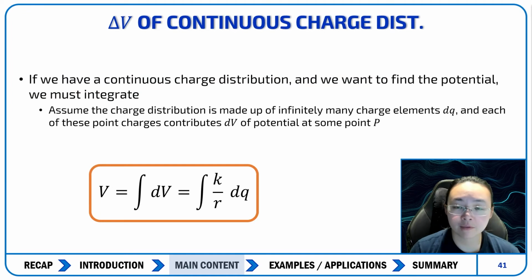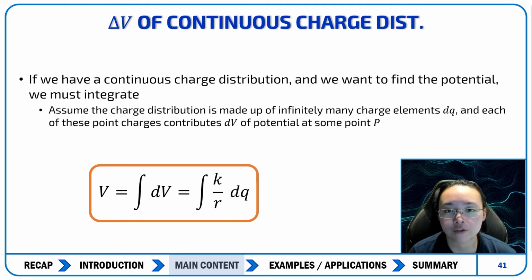So we just went through an example of calculating delta V with discrete charges. What happens if you have a continuous charge distribution? In that case, it really just is simpler to integrate. If you have the knowledge of integration, just do a simple one and you can get your answer pretty much right away. So if you want to figure out the potential, you can integrate dV, and that's equal to k dq over r.